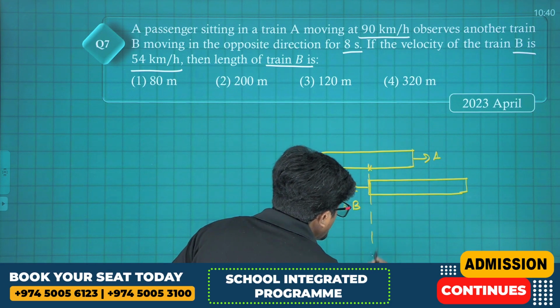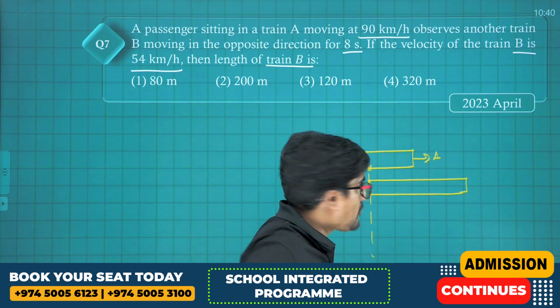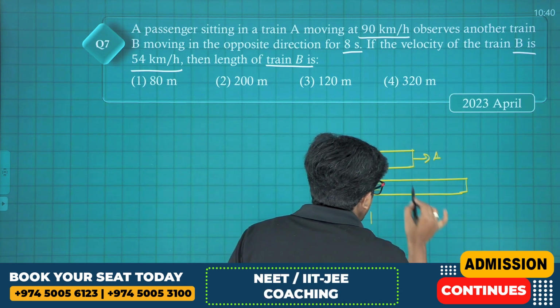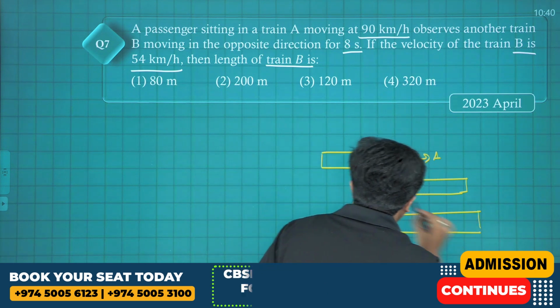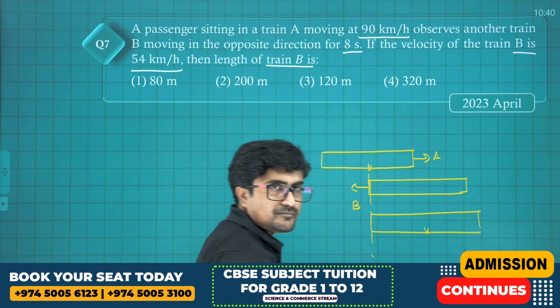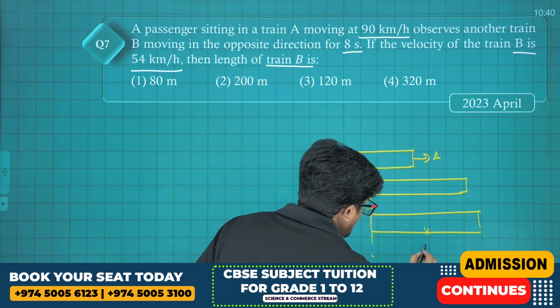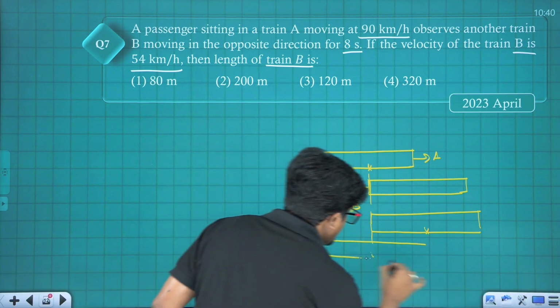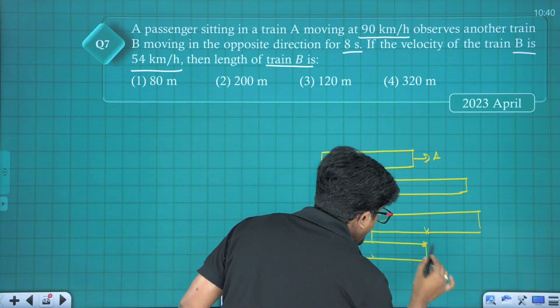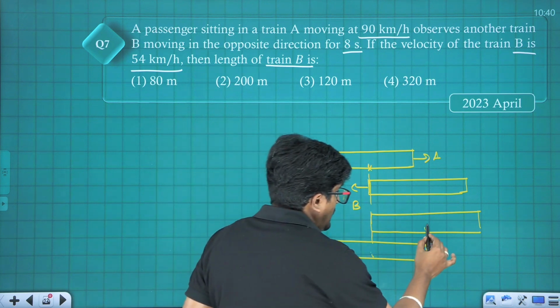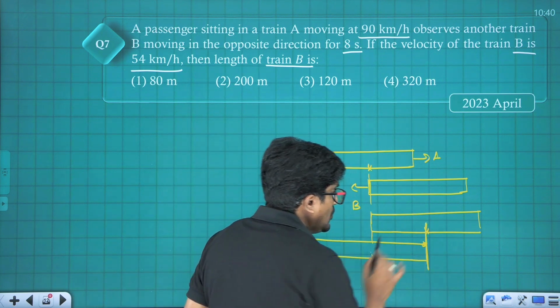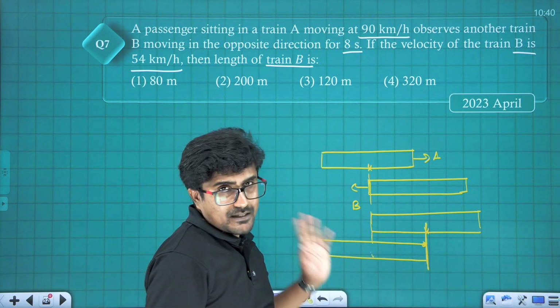Of course this train is moving in the forward direction. So after some time, let that train A be here and let this be the passenger, and the guardroom crosses like this, not the engine, the guardroom crosses like this. Now from here onwards he is unable to see the train.